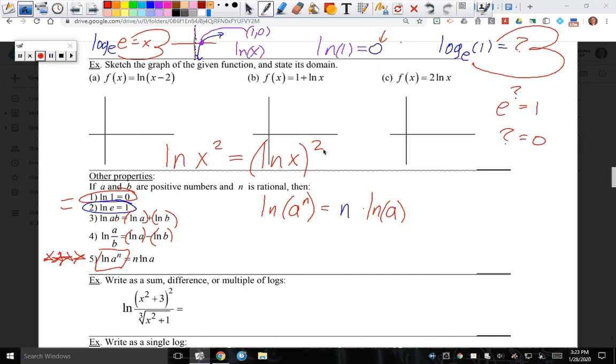Which is the same, kind of like sine squared pieces, like that. Not the same as that. So if you need to over-parenthesize some of these pieces to understand what's happening, please do so.